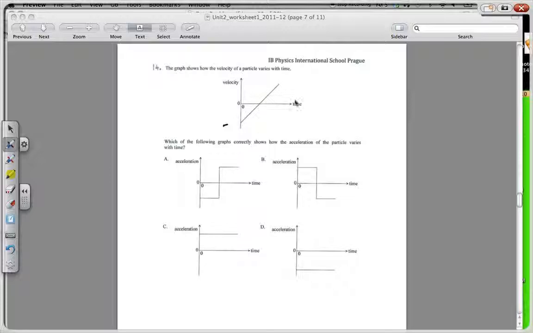The important thing to realize is that the slope of a velocity-time graph is the acceleration. Because it's a straight line, the acceleration is always the same. So it's got to be C or D. We can see that this graph is a positive graph, so it must be C.